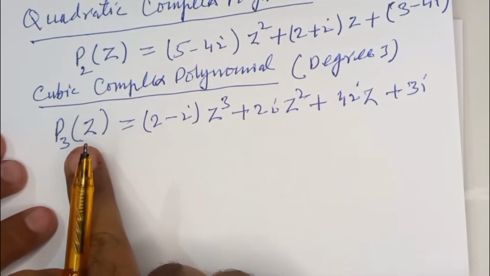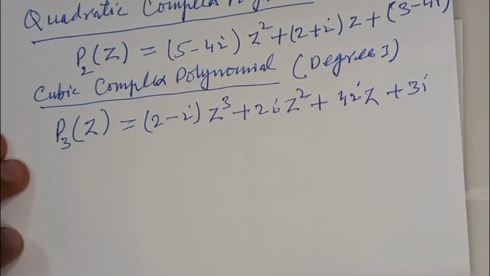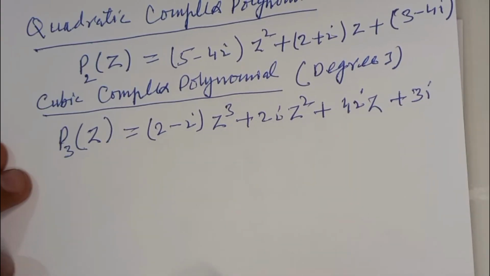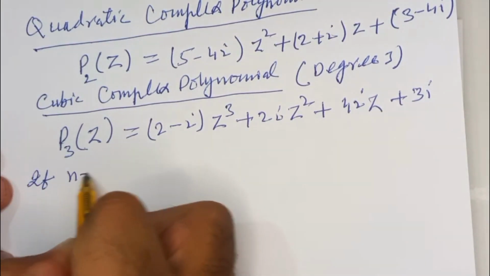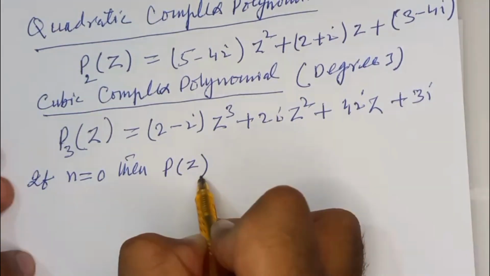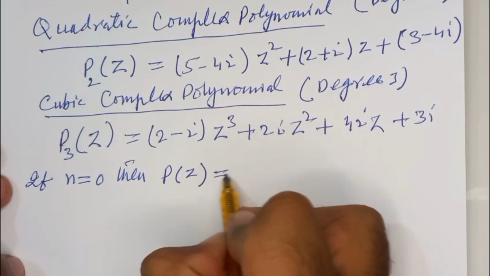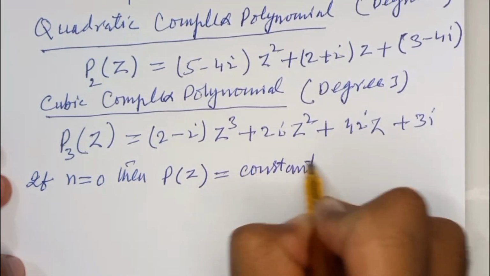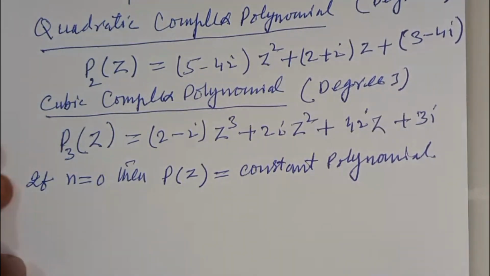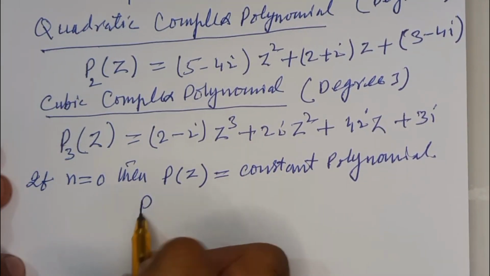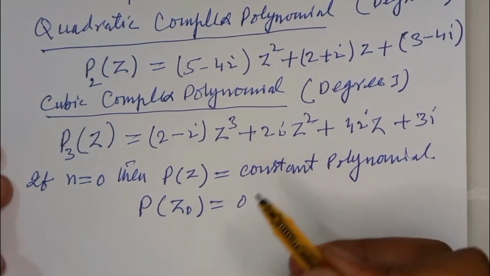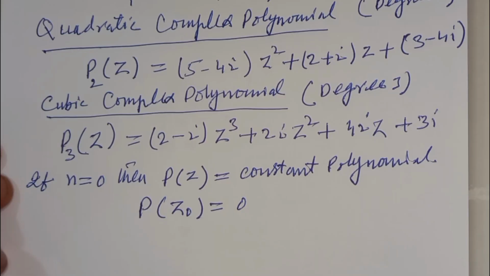So this is called a cubic complex polynomial. Now in case n is equal to 0, then the polynomial of Z is a constant polynomial. We write it as polynomial in Z of degree 0. This is called a constant polynomial.